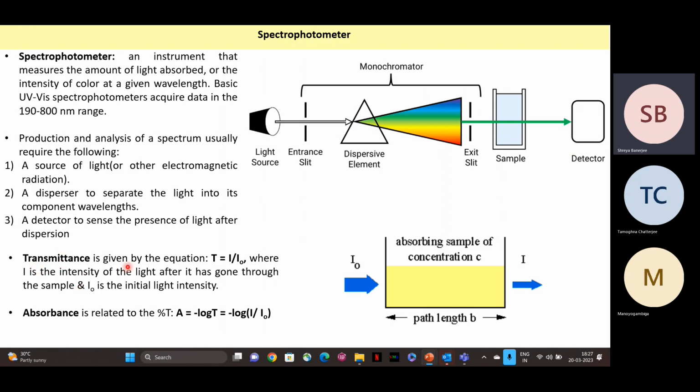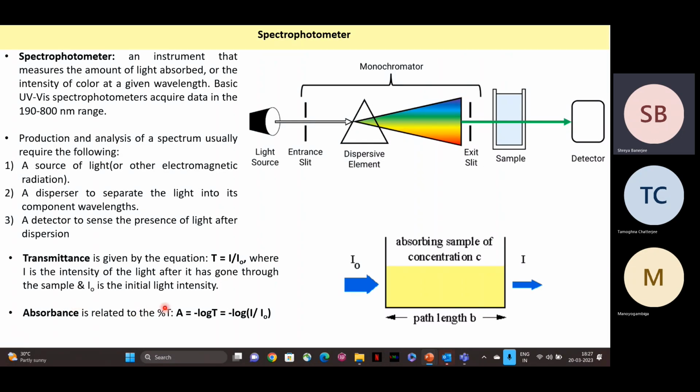One is called transmittance, given by the equation transmittance equals I by I0, where I is the intensity of the light after it has gone through the sample and I0 is the initial light intensity. So transmittance is the ratio of the intensity of light after passing through the sample and the initial light intensity.